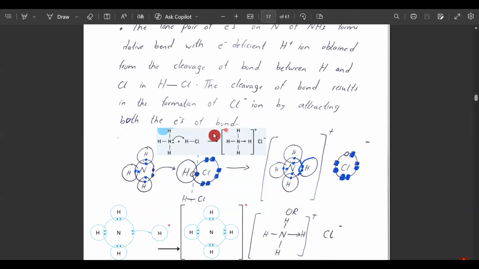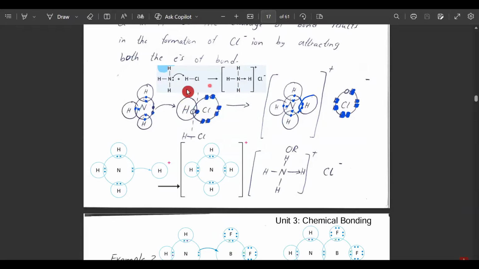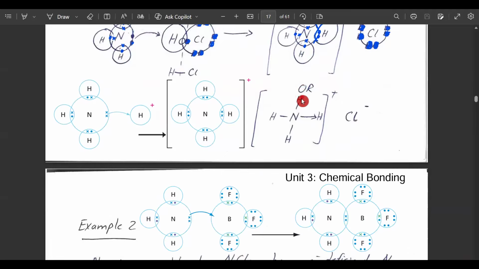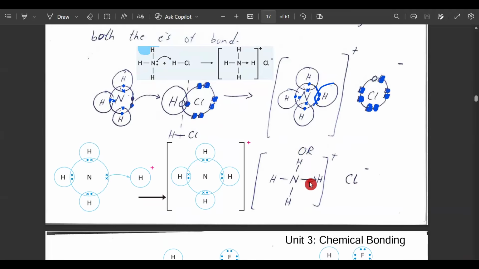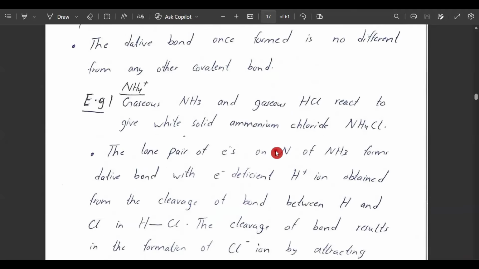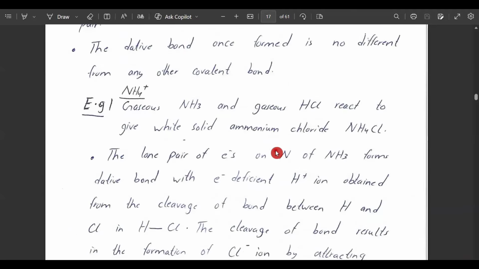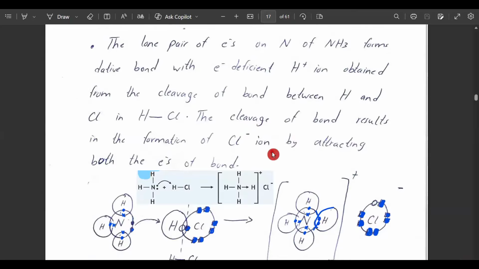And the structure of the ammonium ion I can show you through my notes. So here you can see that when we discuss the formation of the ammonium ion, there was a dative bond formed here. And you can see this is the dative bond with the arrowhead over here. So in a similar way, you can find the dative bond in the given question.